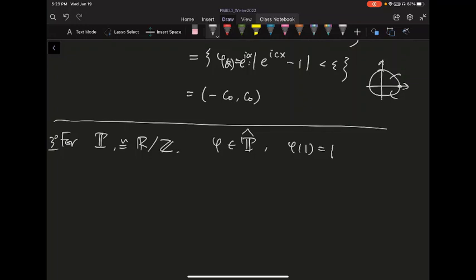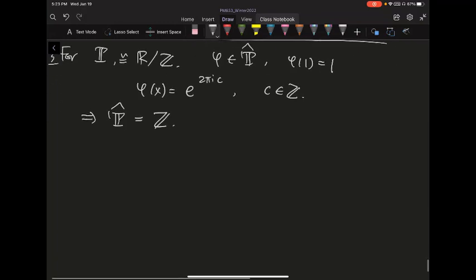In other words, phi of x equals e to the 2 pi i c, but c has to be an integer because it maps each integer to 1. So you can convince yourself that the dual group of the unit circle is just the set of all integers. That is exactly what you have in classical harmonic analysis.